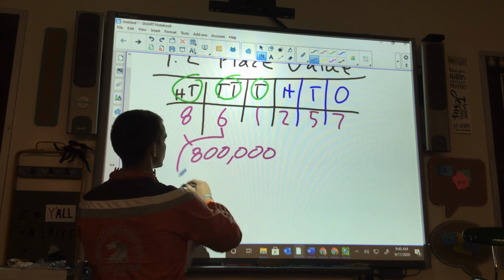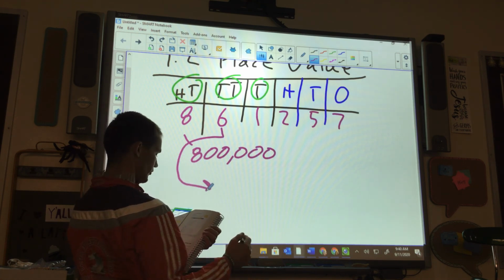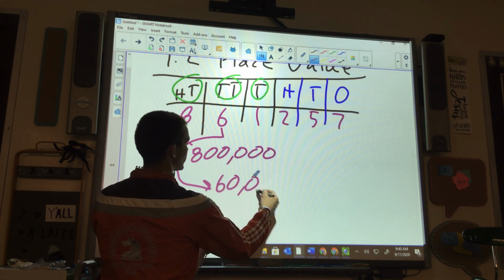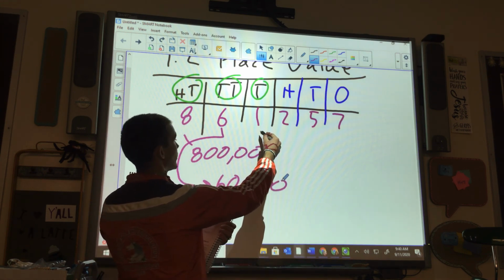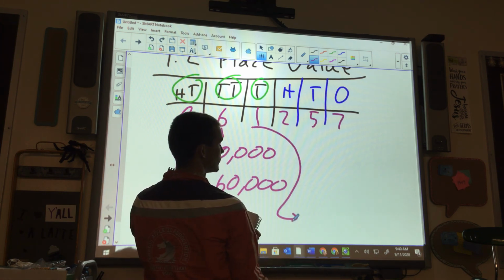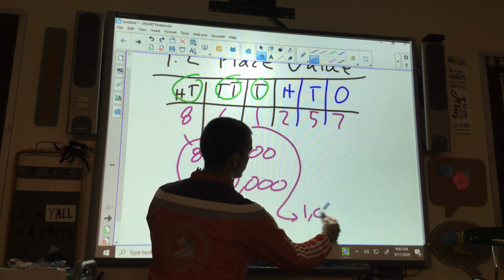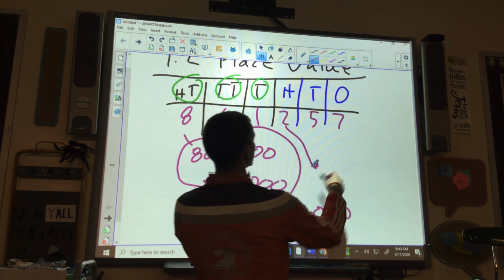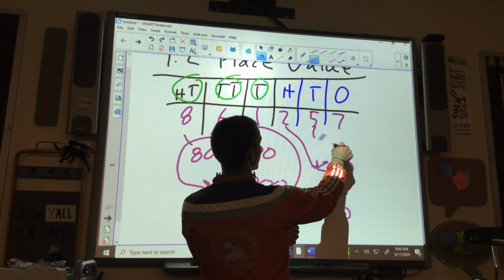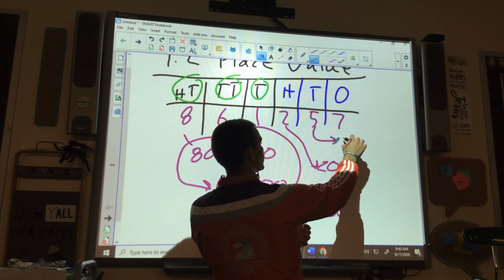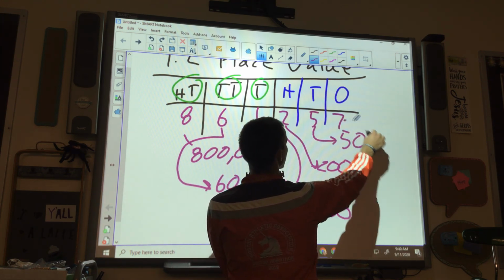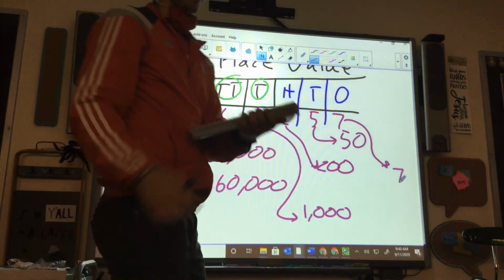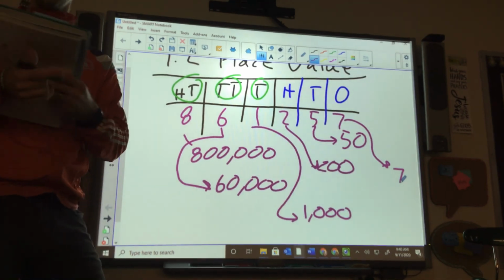The 6 stands for 60,000. You guys can say it with me if you already know. The 1 stands for 1,000. The 2 stands for 200. The 5 stands for 50, and the 7 stands for 7. I know those are really out of order. Sorry, I tried to do the best I could with putting those in there.